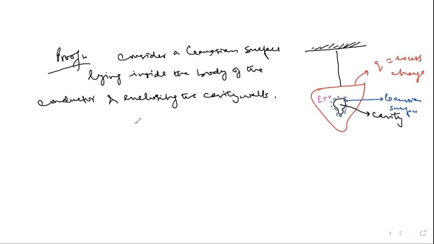Now, applying Gauss's law, which says the net flux through the surface is Q in by epsilon naught.